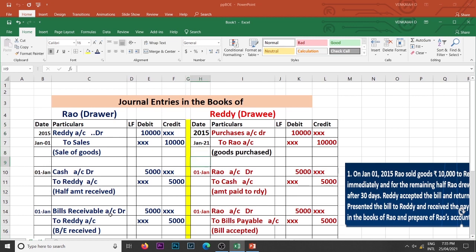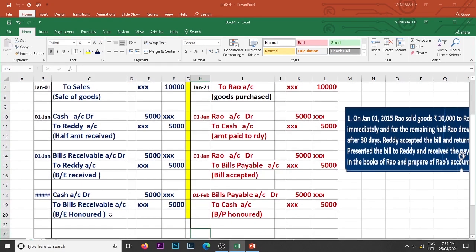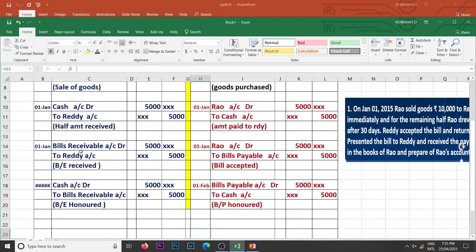So he told Rao, I will accept a 1 month bill. So Rao drew the bill and sent it to Reddy. Reddy accepted and returned it to Rao. So for Rao it is bills receivable and for Reddy it is bills payable. On the due date, the term of 1 month, 30 days, is over and we add 3 grace days.